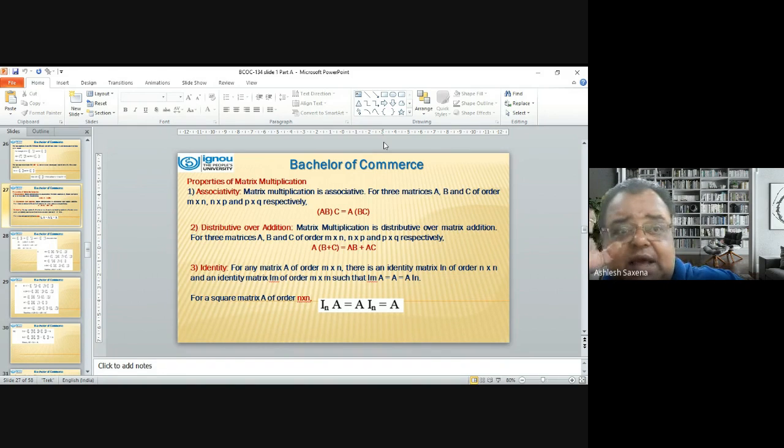I3 means a 3 by 3 matrix in which the diagonal will be three 1s. I2, identity matrix, 1 0 0 1, in which two diagonal elements of 1 will be there and the remaining will be 0. If we multiply A by I_n, it will be equal to I_n into A, which is similar to matrix A.